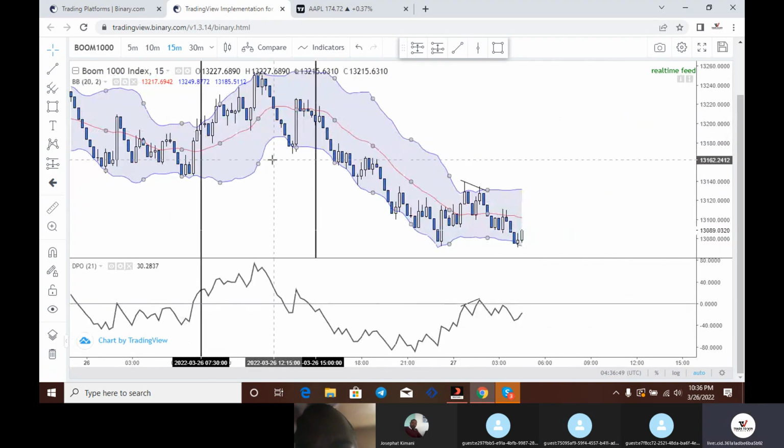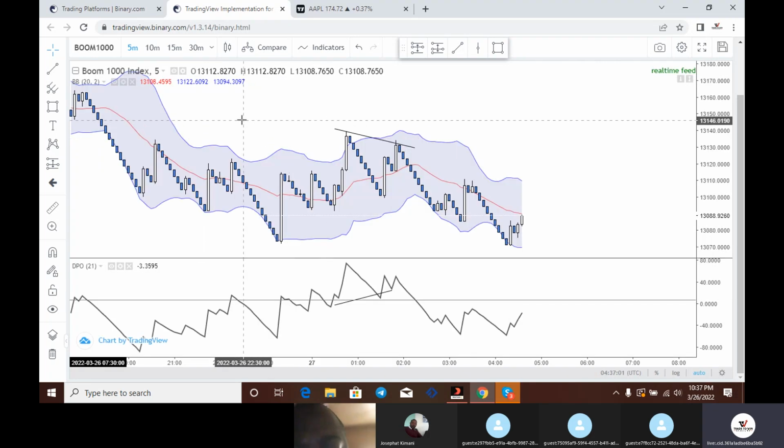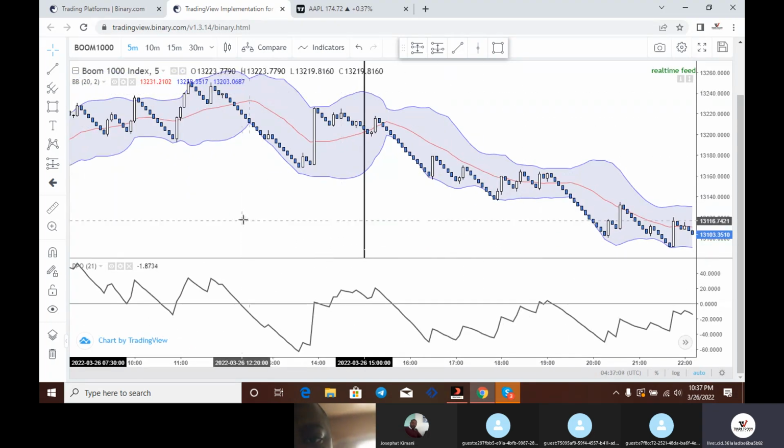So this is the only point where we had price getting to the bottom part of the Bollinger Band. Let's look at 5 minutes. Though there was a spike that was really a good one, let's see 5 minutes.